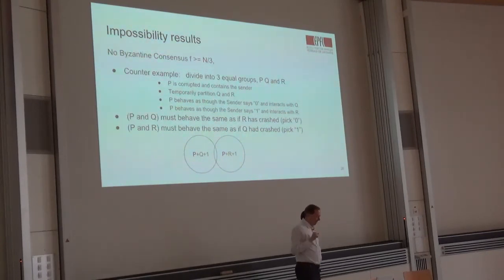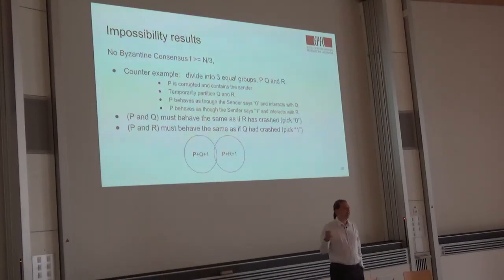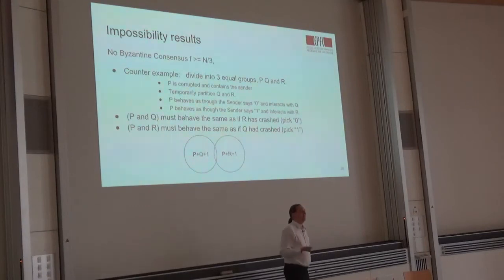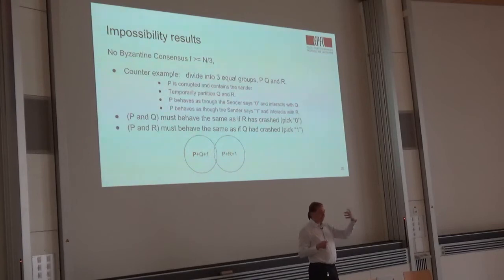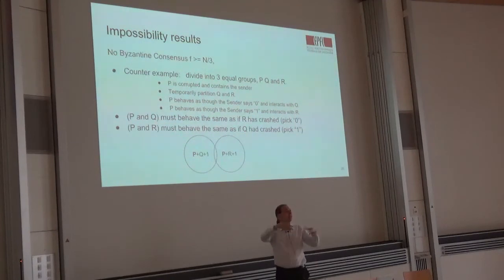Now, if we allowed merely a 2/3 majority to make decisions and make progress, then the attacker, the attacker P wearing one hat, could work with the honest nodes Q to make progress in one universe, in one virtual timeline.